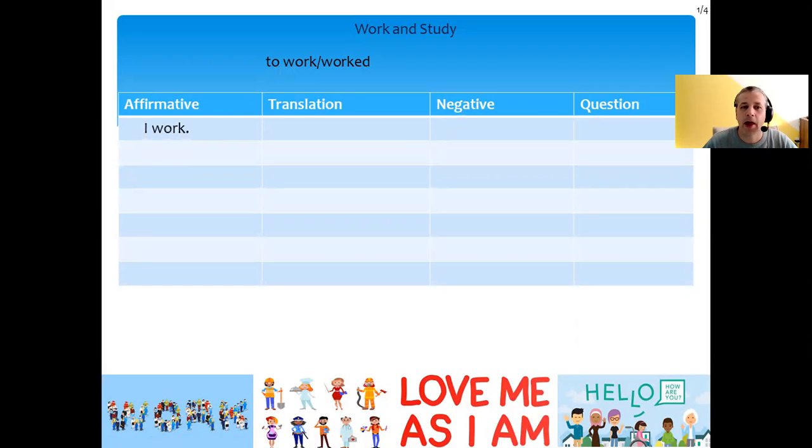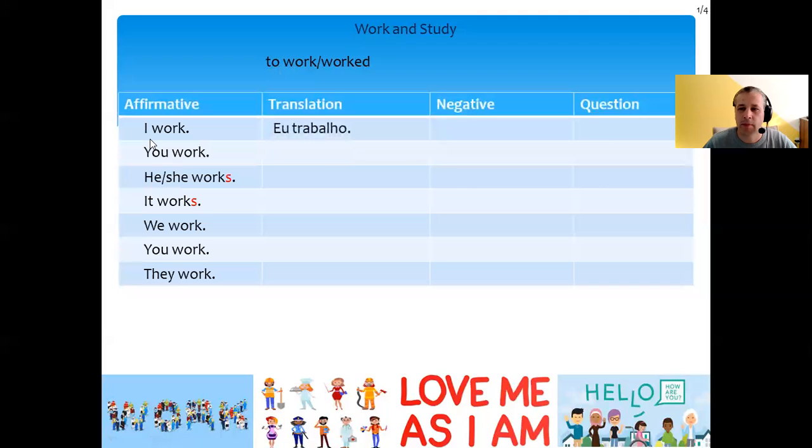Vamos repetir. I work. You work. He, she works. It works. We work. You work. They work. One more time. I work. Eu trabalho. You work.